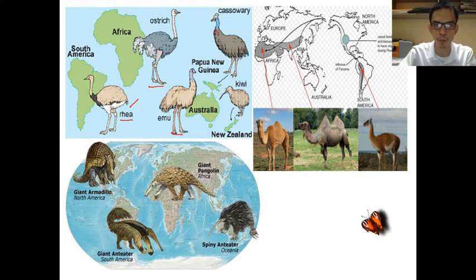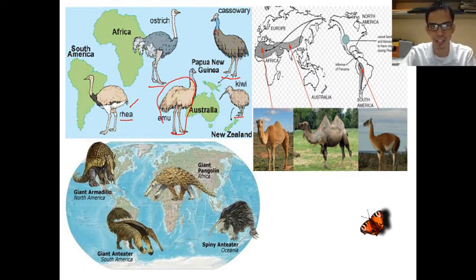We have the emu, which unfortunately is already extinct. We have the cassowary. In New Zealand, we have the kiwi, which is very small. But the thing here is, why are they flightless? Why do they look the same, but they are completely different from each other?